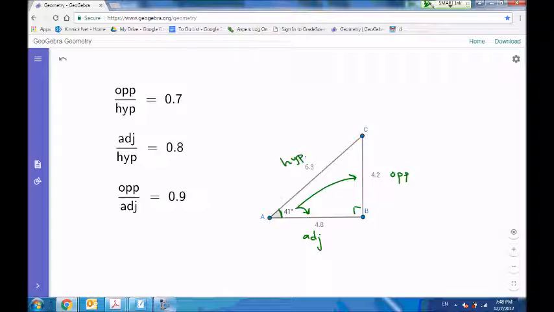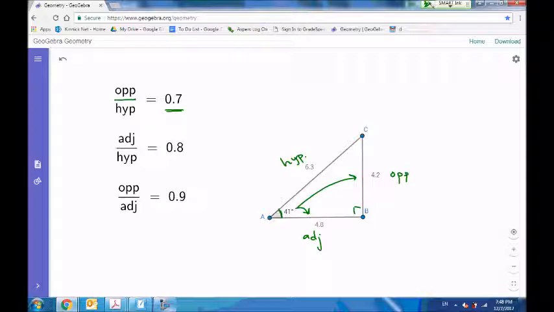Now I've measured those in GeoGebra, and I've also found some ratios over here. So GeoGebra has taken the opposite length and divided by the hypotenuse length and came up with a ratio of 0.7. Now it's rounded off quite a bit, but this will be enough to see the pattern that I want you to see.